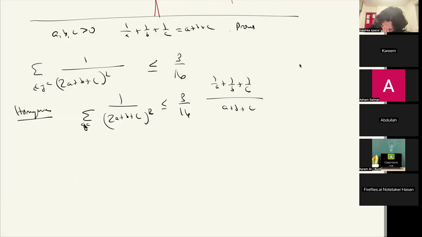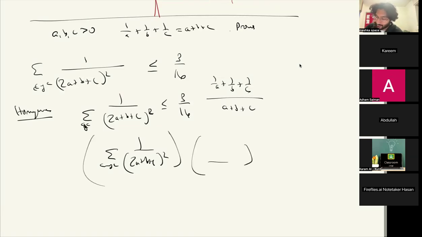The thing I'm thinking though is that somehow it's weird because you want to multiply this by something. What you want to do is take the cyclic sum of 1 over (2a plus b plus c) squared, and you want to multiply it with something that will kill all these fractions. But the problem is it's on the wrong side of the inequality, right? So it's not going to work. So I don't know if it works. Maybe you can do Holder.